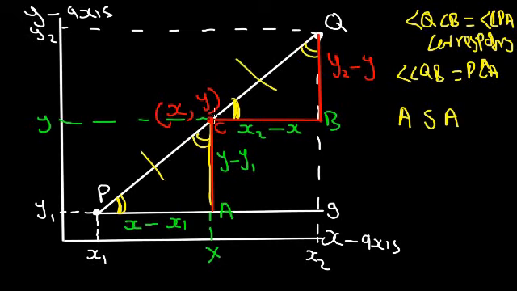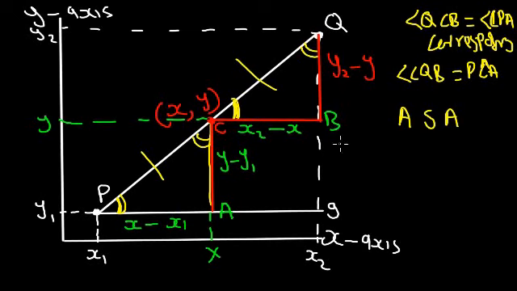Why? Because PC will definitely be equal to CQ, since point C intercepts PQ. Definitely they must be equal to each other. Therefore, we can use the postulate of congruent triangles to show that these two triangles PCA and CBQ are congruent. And if that's the case, the corresponding sides are going to be equal.